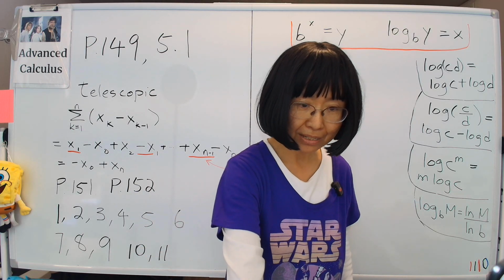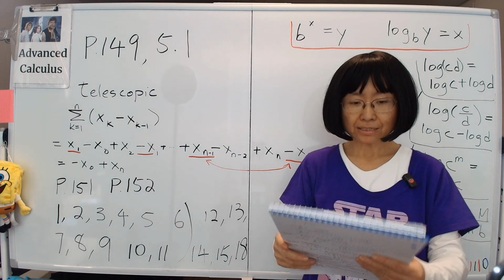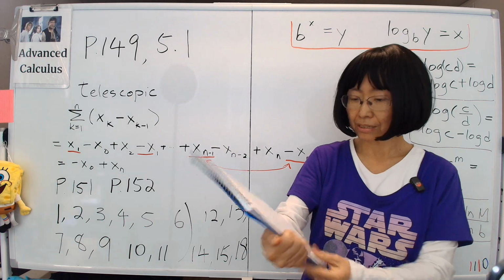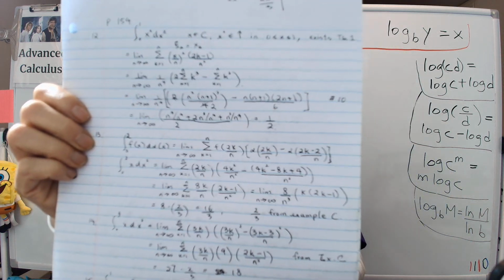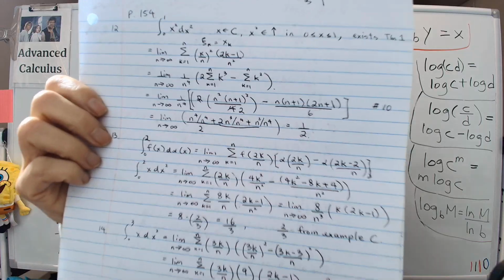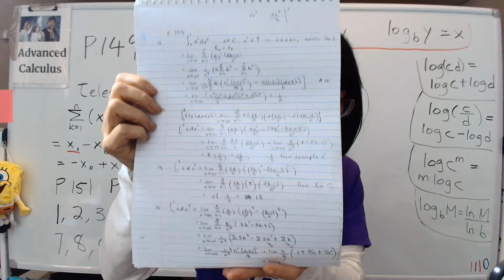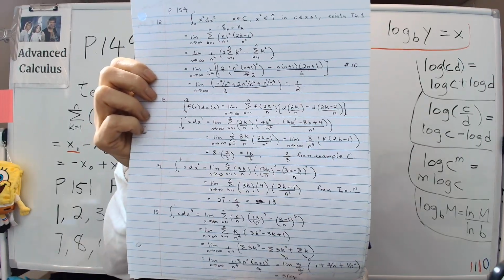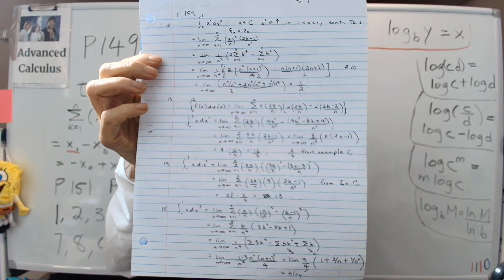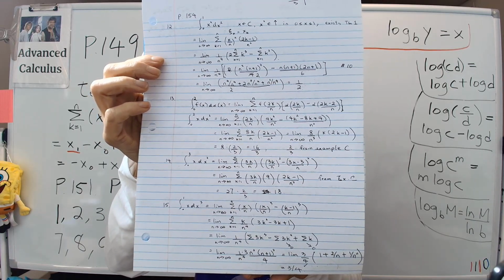So that's problem 11. Next, let's talk about problem 12. Now, problems 12 to 15, I'm not going to say too much about because it's all about limits. I'll just show you the whole page here. It's all a matter of just doing some limits homework, which I guess is okay.